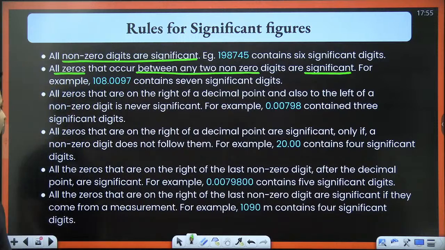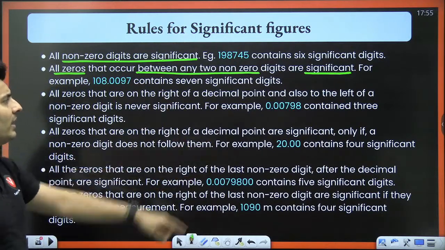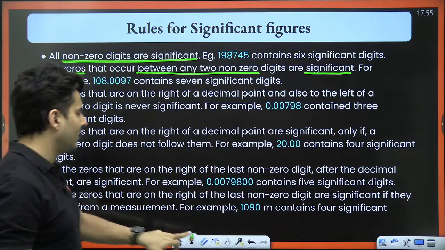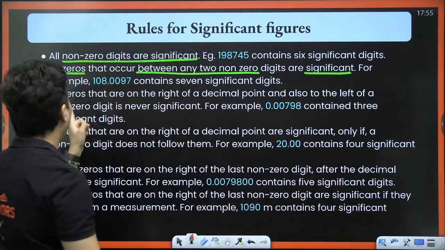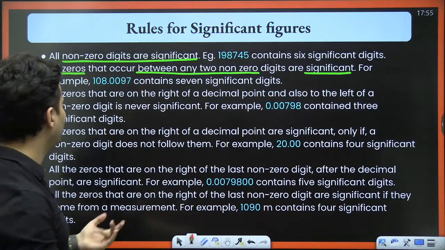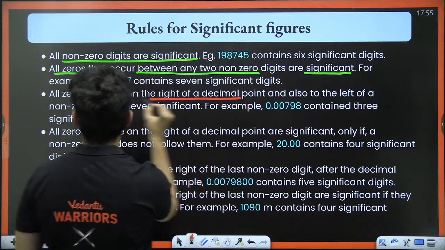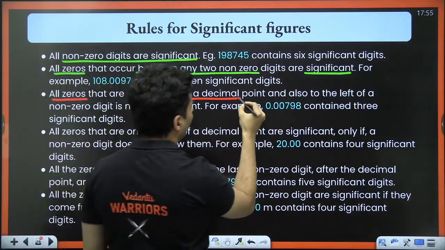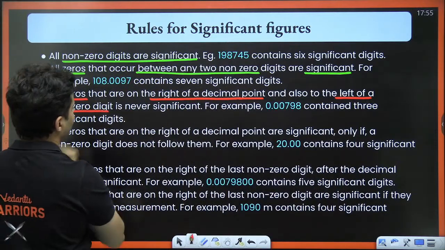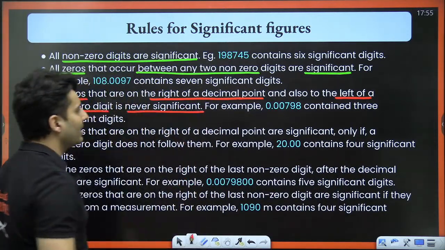Keep this in mind. All the zeros to the right of a decimal point and also to the left of a non-zero digit are never significant. Very, very important. All the zeros right of the decimal point and also to the left of the non-zero digit are never going to be significant.